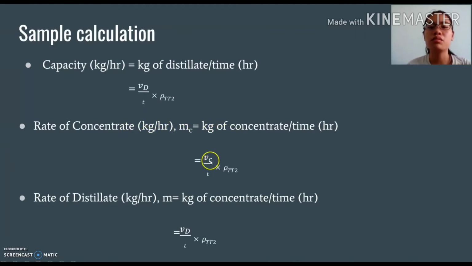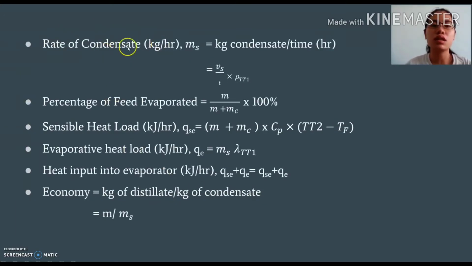We convert the volume to mass and divide it by the time. As I just said, the rate of distillate is the same as the capacity, and the condensate is also the same, where we convert the volume of condensate to mass flow.